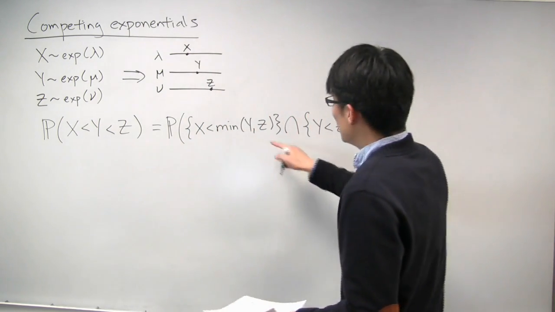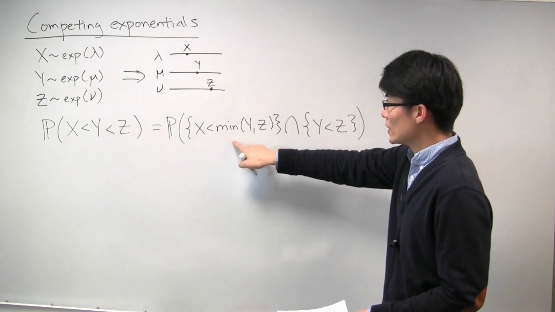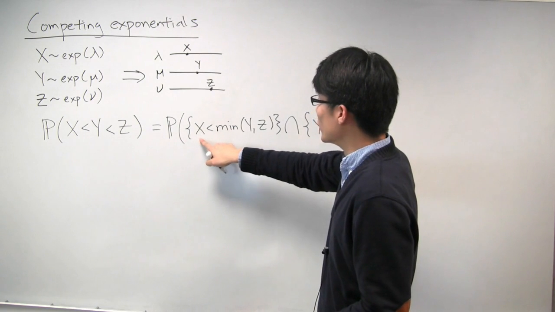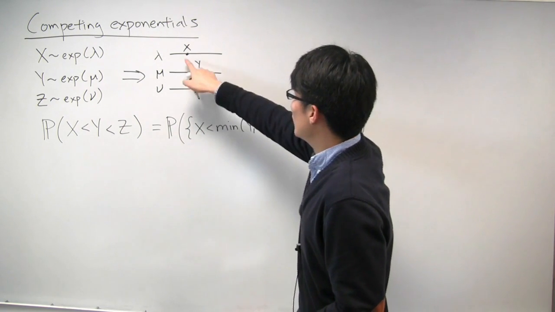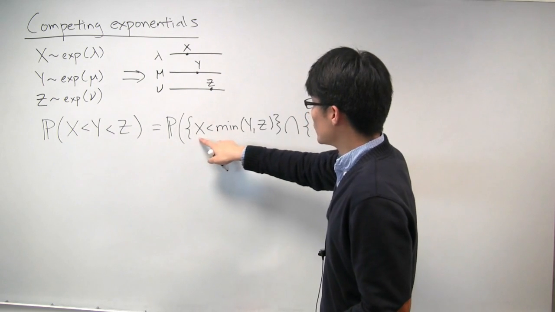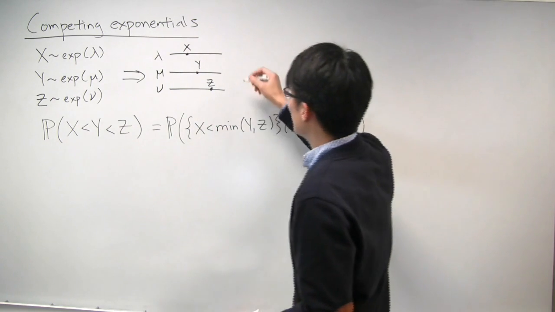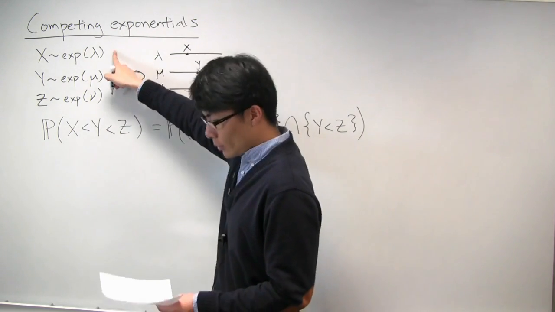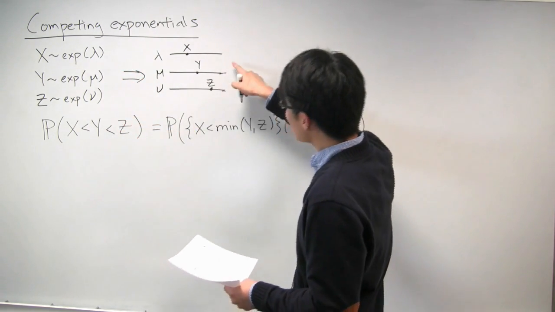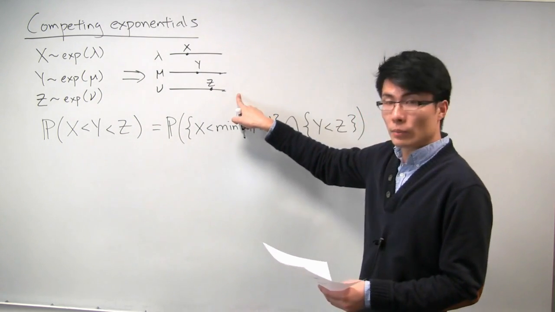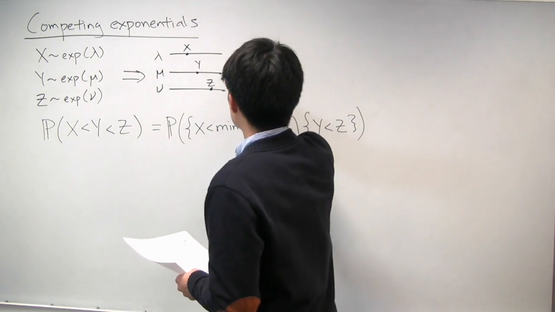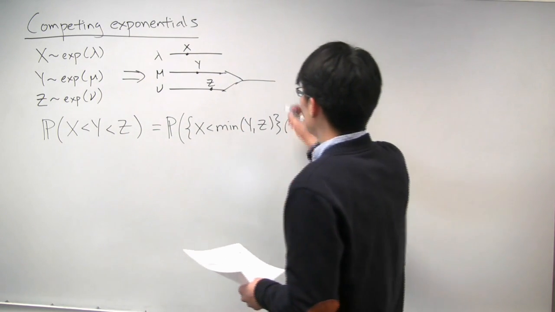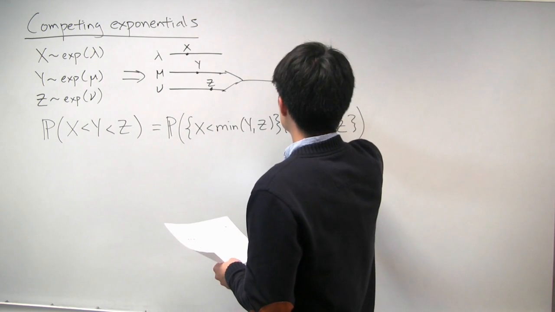Now let's argue using Poisson processes that these two events are actually independent. The first event means that X is smaller than Y and Z. Because these random variables are independent, these are independent Poisson processes, so we can merge them. Merging the Y and Z processes gives a Poisson process with rate mu plus nu.